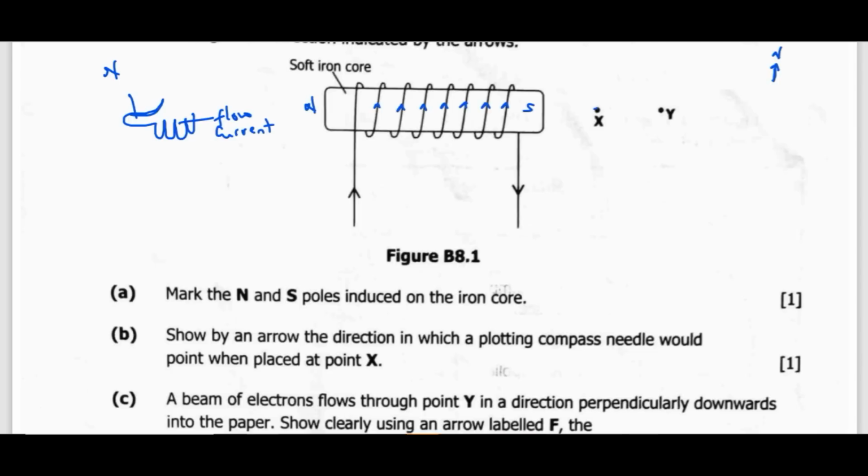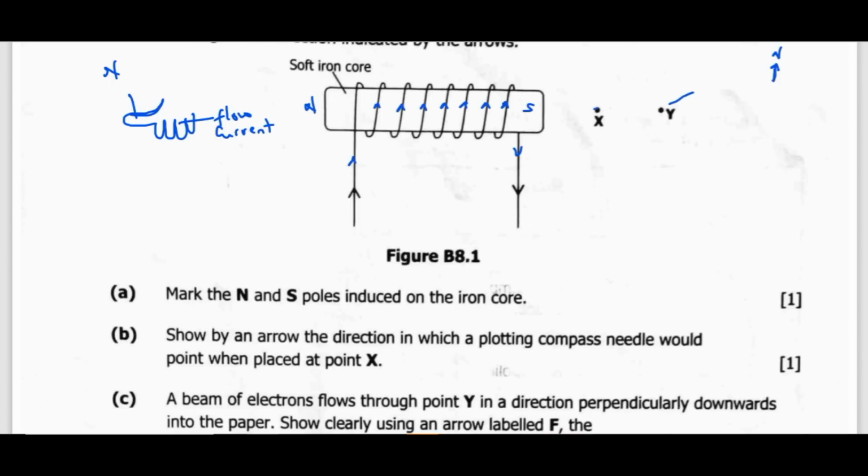You find that because of the flow of current here, the current will be moving in this direction, like this. So meaning that the hand that we used will help us to find the flow of current, and then the needle will point in the direction of what? The direction of the field.